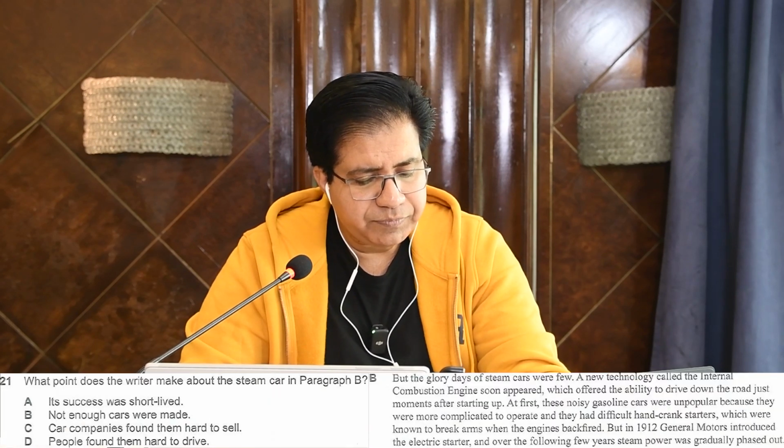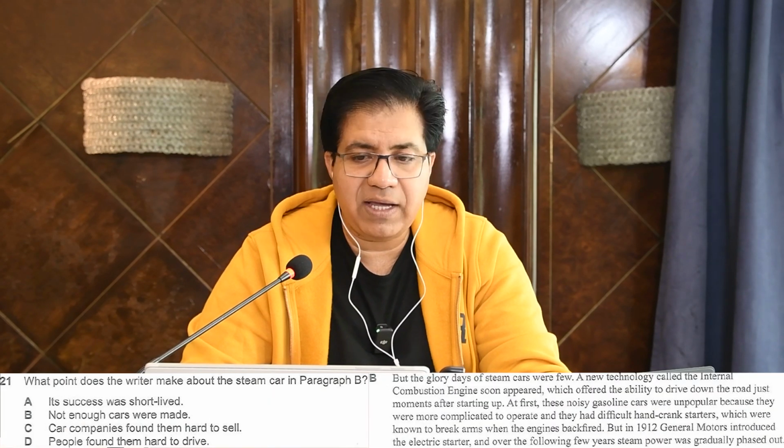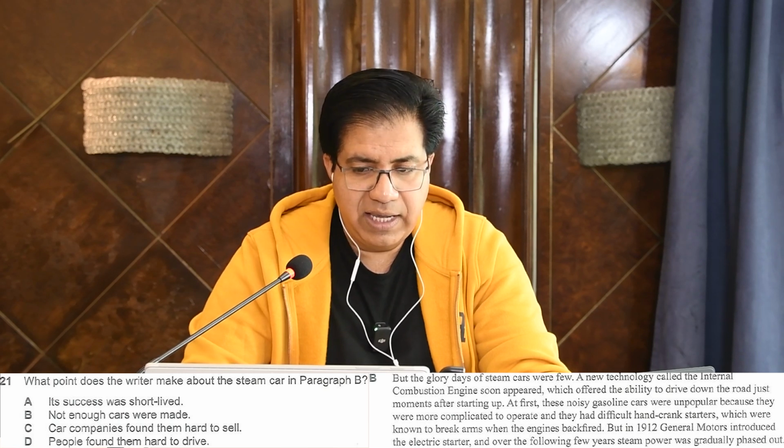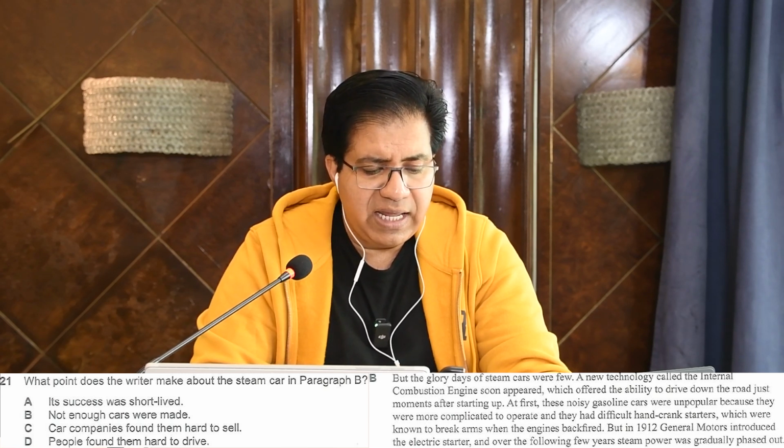Question number 21. What point does the writer make about the steam car in paragraph B? Now the subject is steam car, writer's point in paragraph B. Everyone, please come to paragraph B. I'm going to read it from the beginning. Okay. But the glory days of steam cars were few.